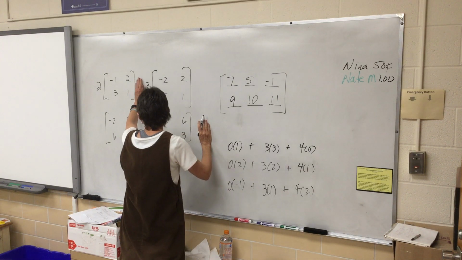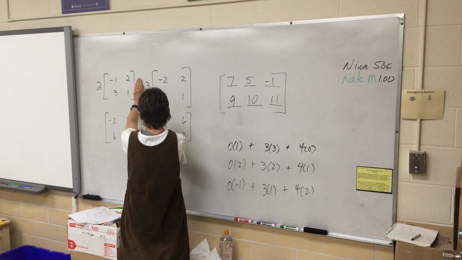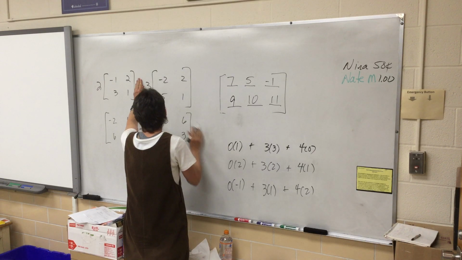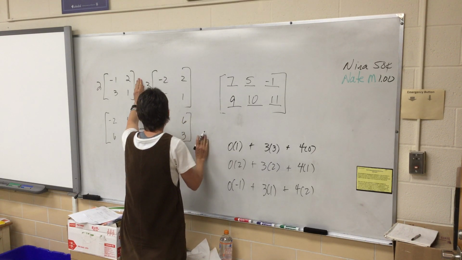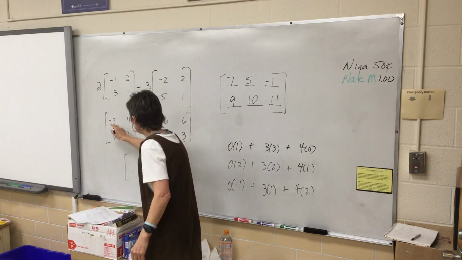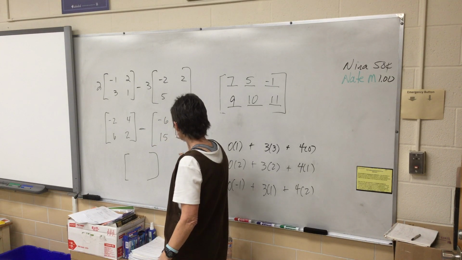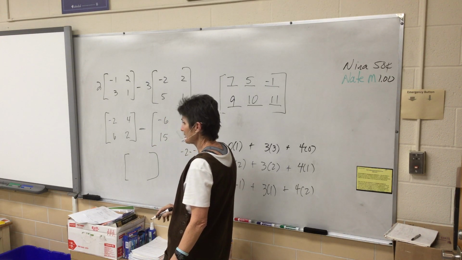Now I'm going to be subtracting. So if that minus sign is bothering you, just cover it up for a minute. We're going to be subtracting. And then 3 times everything. And now we're going to do the subtraction. So negative 2 minus negative 6. Negative 2 minus negative 6.